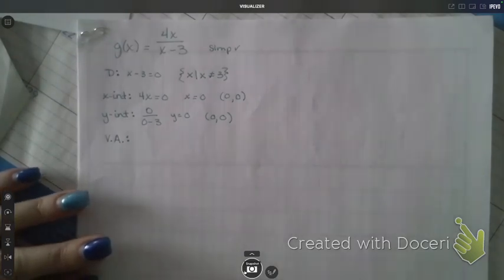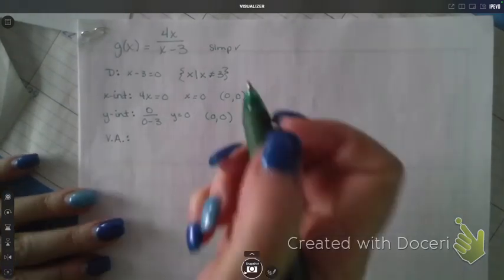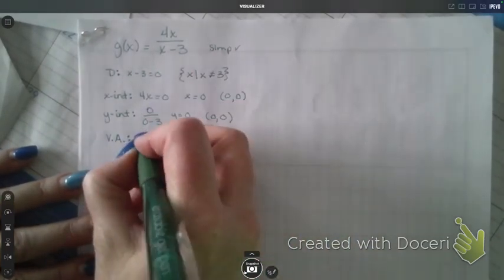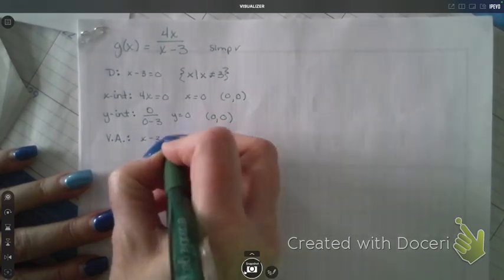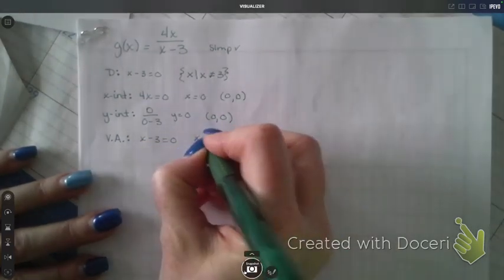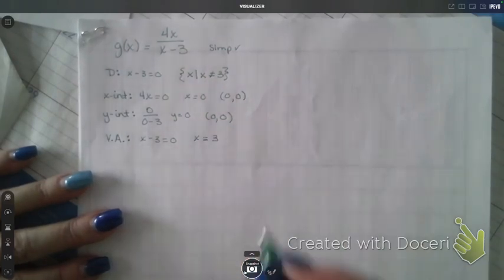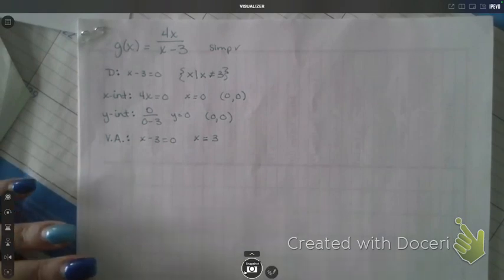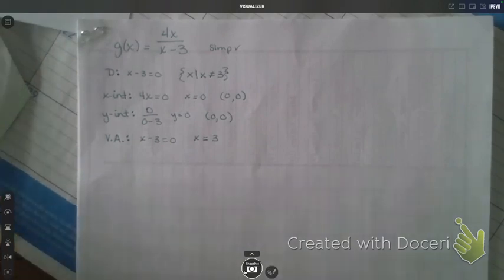Find zeros of the reduced denominator. So just x minus 3 equals 0 is my work, right? So what's x equal? 3. So my vertical asymptote is x equals 3. It's an equation because vertical asymptotes are vertical lines and the equation is x equals, correct?